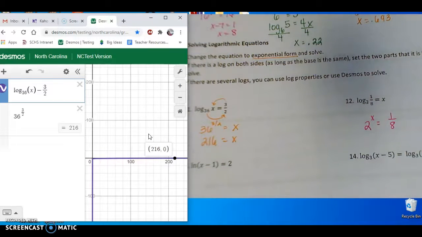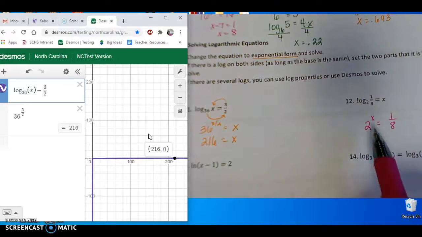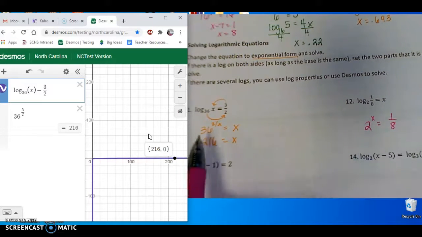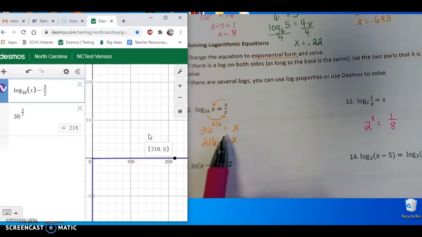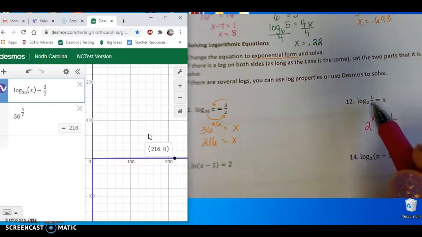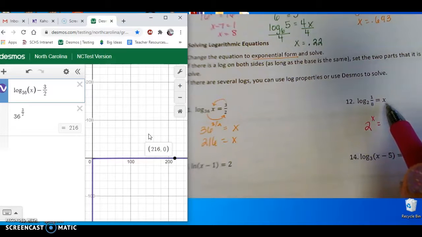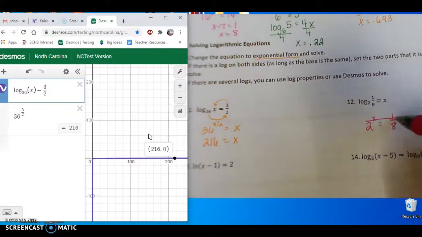Now, this one is kind of a different one to solve because x is in the power. It didn't come out like this where it was equal to x. So let's go back and look at it a little bit more closely. I didn't pay attention when I was doing it. But you see how it says equals x at the beginning? Since it already says equals x, I don't need to do this.